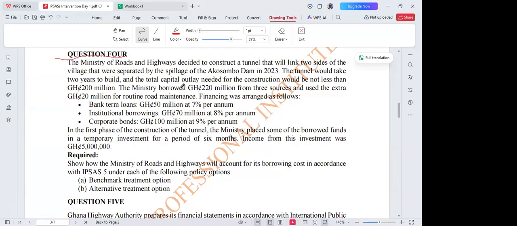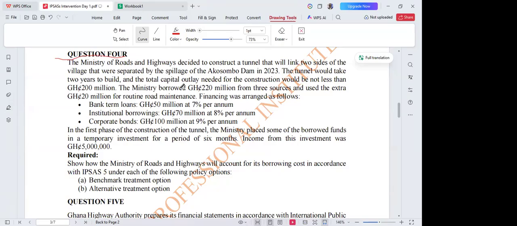So, benchmark treatment approach. What do we mean by that? In public sector, when we say benchmark treatment approach, it means that all your borrowing costs will be expensed. You're not going to capitalize any of your borrowing costs. You expense everything, whether it relates to a qualifying asset or not.